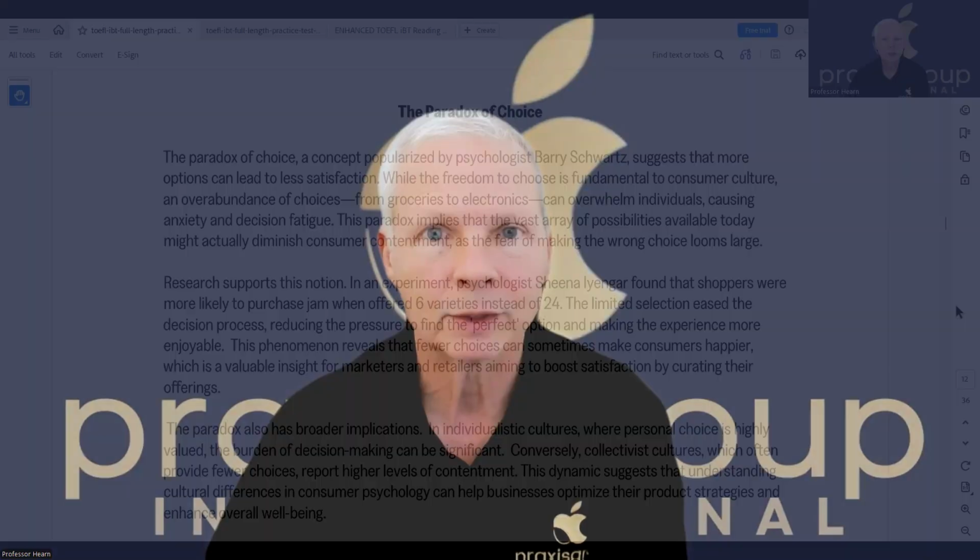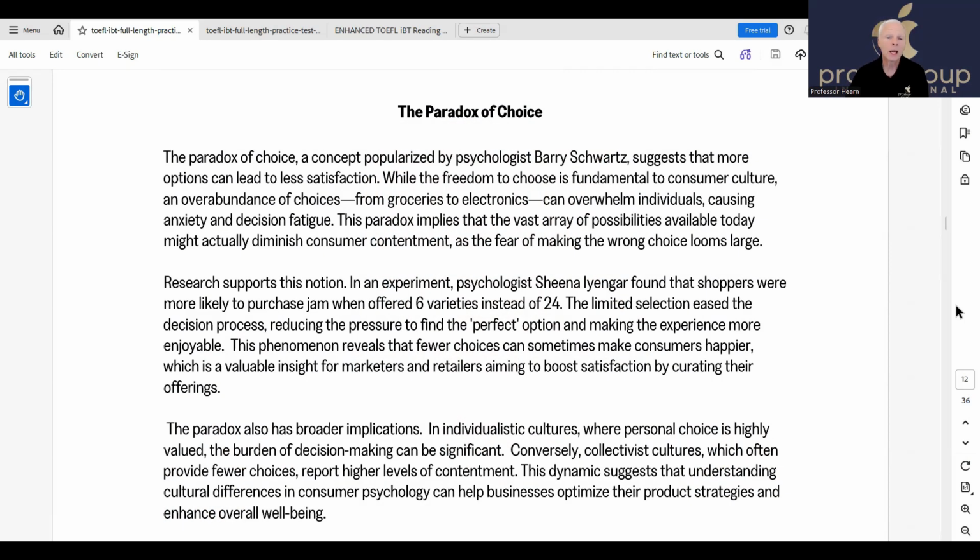Take a look. So here we are at the passage, and you may be tempted to read it because it's so short, but don't. All you're going to do is go directly to the area that we're looking for. In this case, it's collectivist cultures. Do you find collectivist cultures in this passage? Remember, don't read, scan.